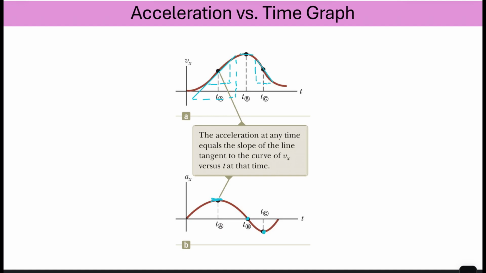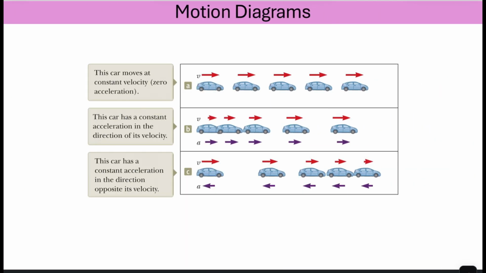So that is why the value of acceleration at TC is negative, because the slope is negative. Here flat, no slope, here positive slope. Hopefully you will be able to translate the information of V versus T into an A versus T graph.